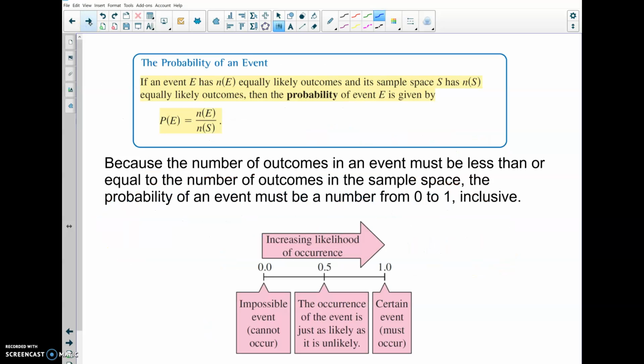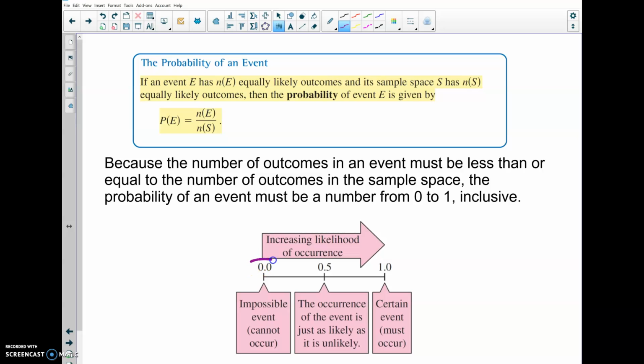Alright, probability of event, please write this down. Notice this notation here is talking about the number. So this is the number of events, and your bottom here is the number of total possibilities there are in your sample space. Your numbers are always from 0 to 1 because the number of events is always going to be less than or equal to the total number in your sample space.